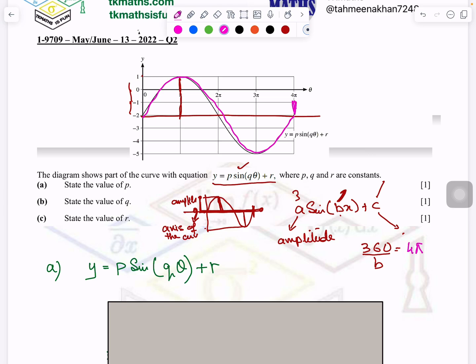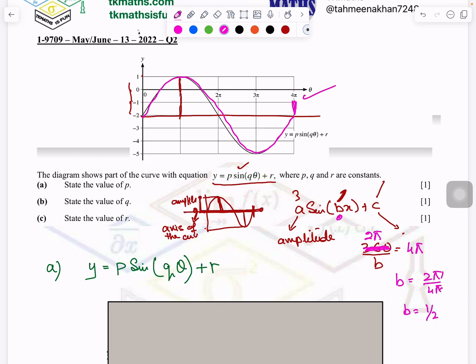Sorry, I should not write 360 here. I should write 2 pi, because we are talking in terms of radians, seeing the radian written on the x-axis. So solving it, b is equal to 2 pi upon 4 pi, so b is equal to half. This is how you will get the value of b also.